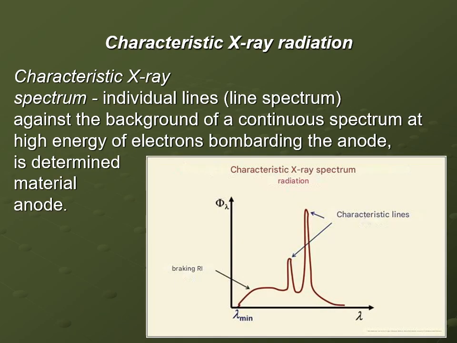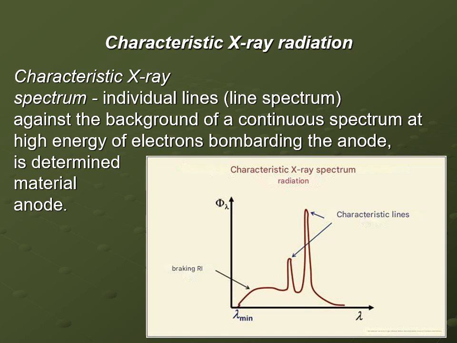The next question is the characteristic X-ray radiation. In other words, we have sorted out what concerns bremsstrahlung X-rays, and the characteristic X-ray radiation will be observed if we have an even greater electron energy in the X-ray tube. But it is possible to achieve this by increasing the voltage, for example, between the anode and the cathode.